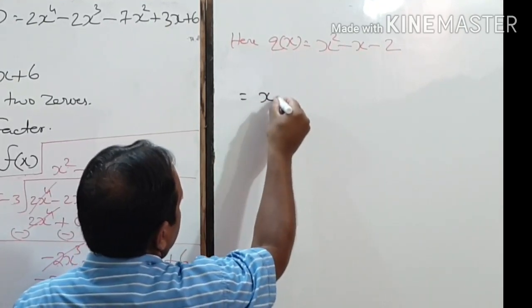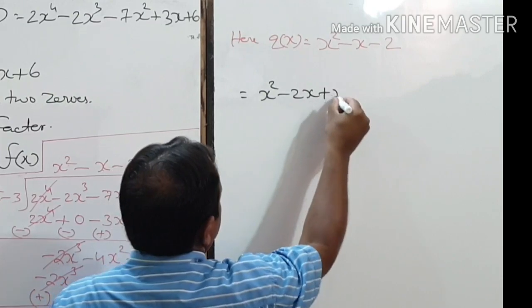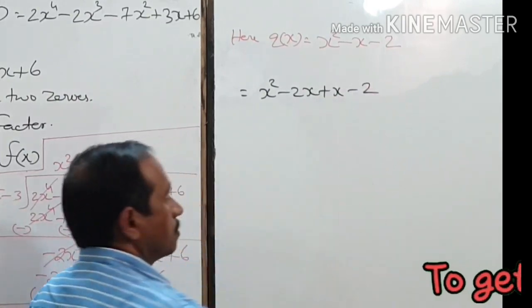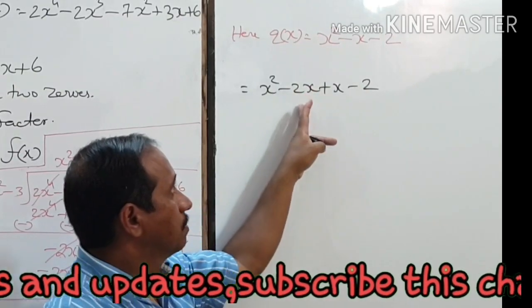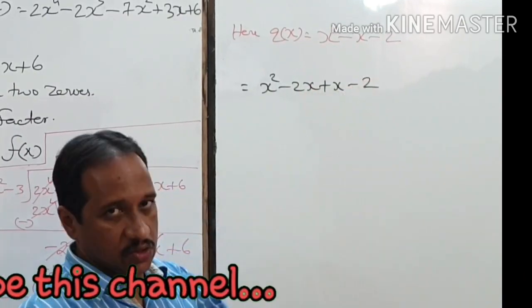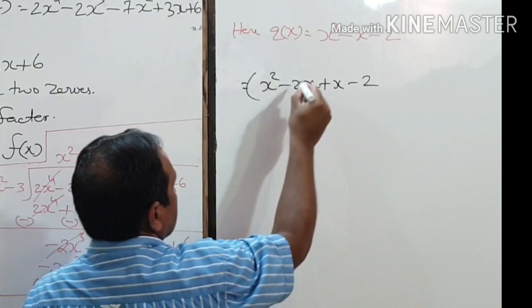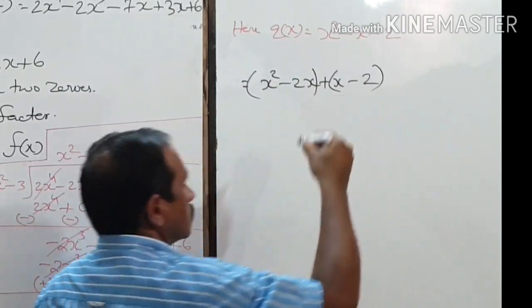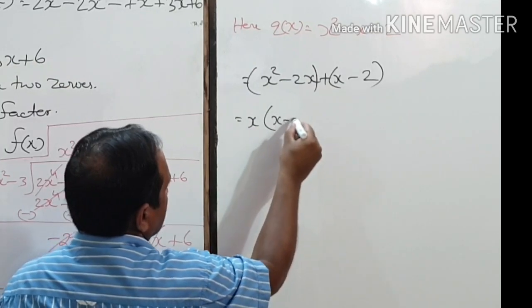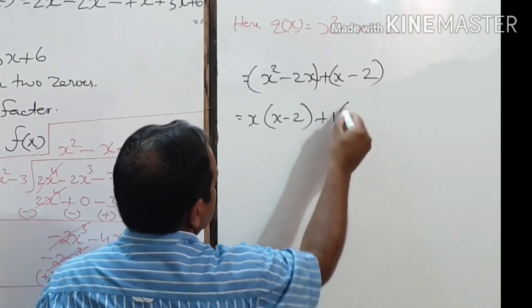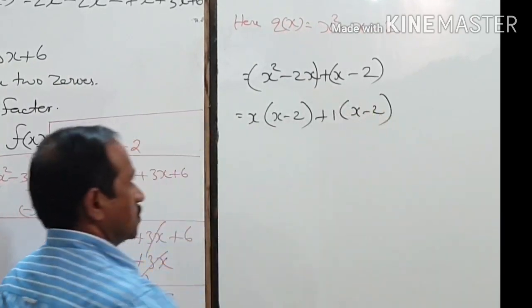It's equal to x square minus 2x plus x minus 2. Minus 2x plus x is minus x. Minus 2 into plus 1 is minus 2. Grouping the first two and the last two, I am taking x into x minus 2 plus 1 into x minus 2.